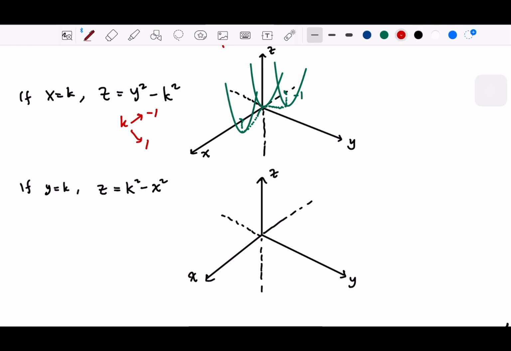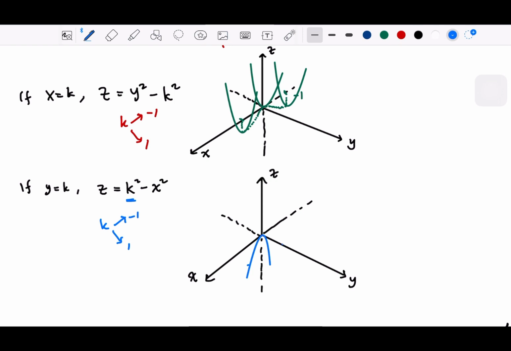Let's use red color, blue color. So z equals negative x squared is going to be here. Okay, let's say that's our z equals negative x squared. Okay, and then we can take k as negative 1 and 1 just to make sure that we see the patterns.